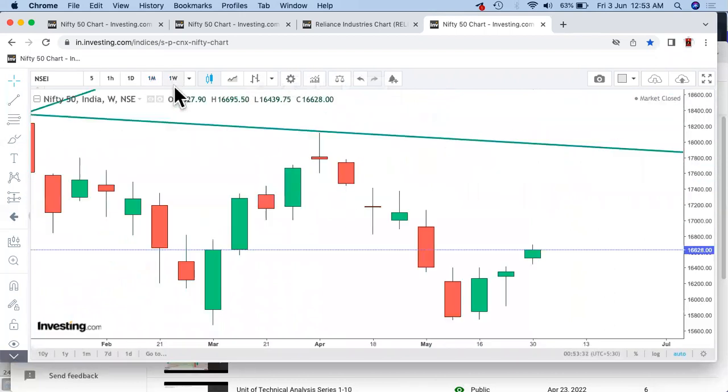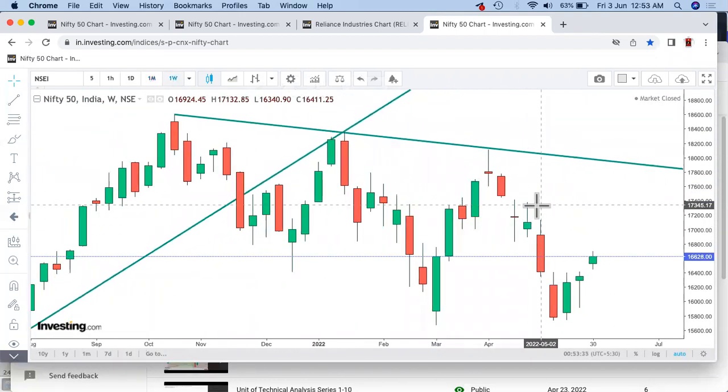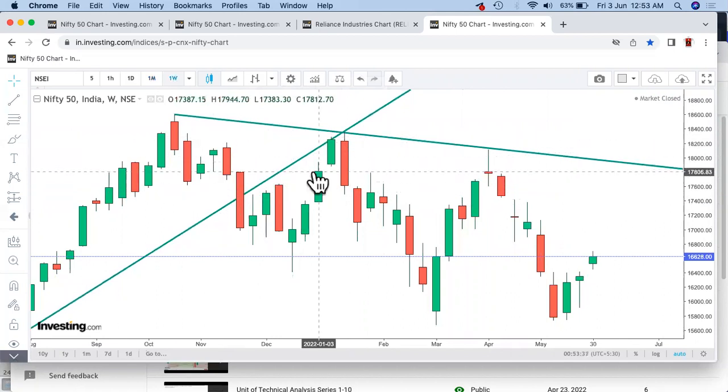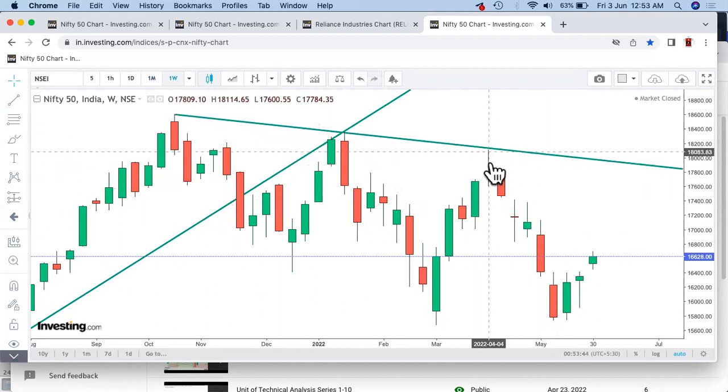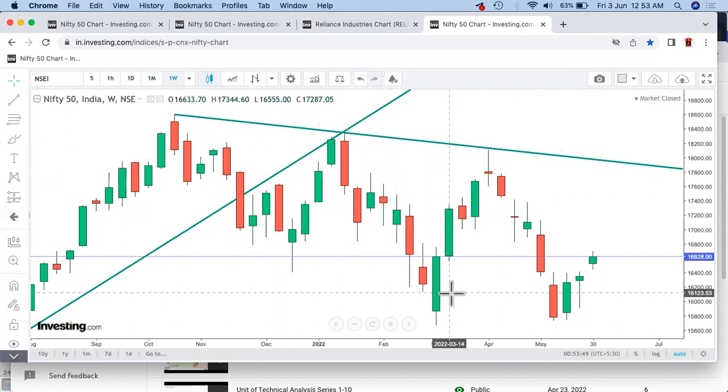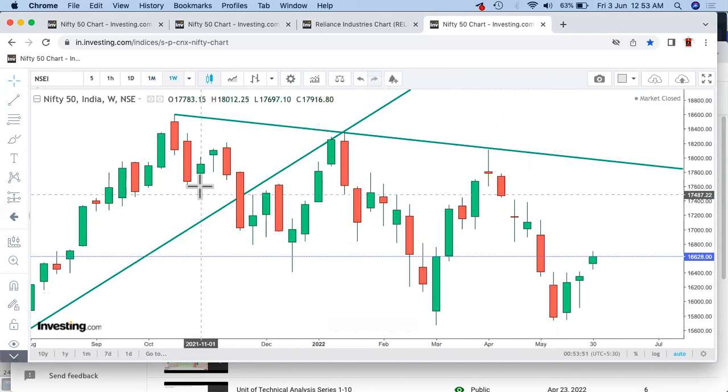If you see in a weekly part, again you see various kinds of candles which have been formed. For example, this was a bullish engulfing. This is an evening star that we got. So on the basis of candlesticks, you can again trade, or maybe on the basis of Fibonacci also we can trade, right?